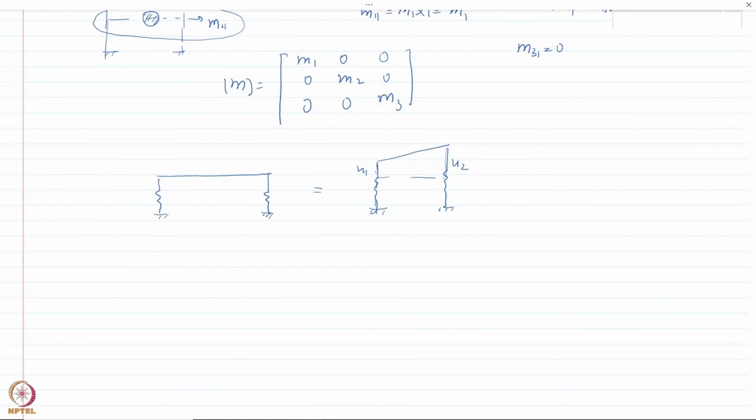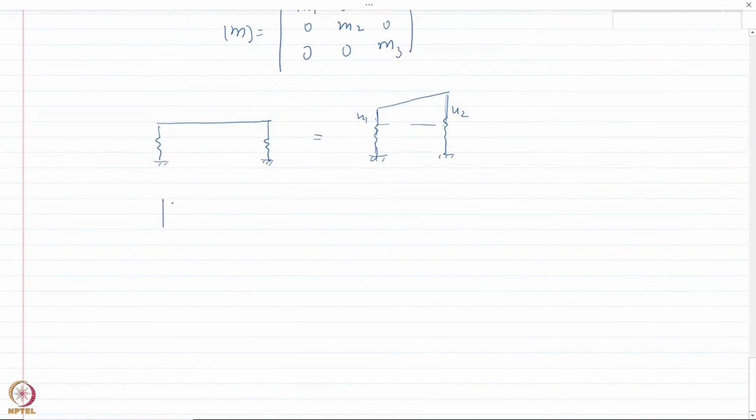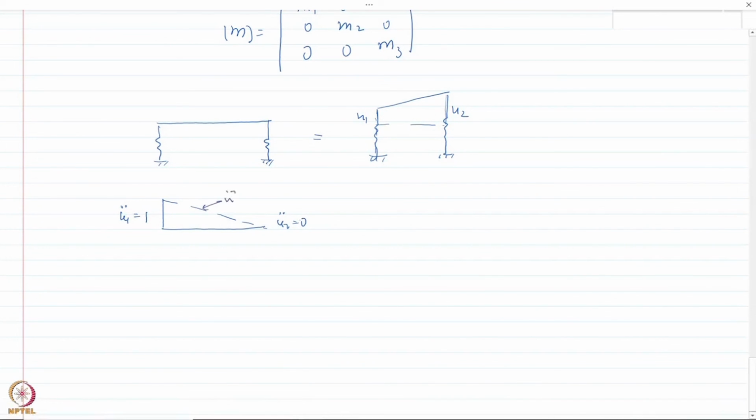So if you want to get the mass matrix for this, what will you do? In the first case, you consider u1 equal to 1 and u2 equal to 0. This is the acceleration profile you'll get, and the acceleration at any distance x would be equal to x by L. It increases from 0 to 1.